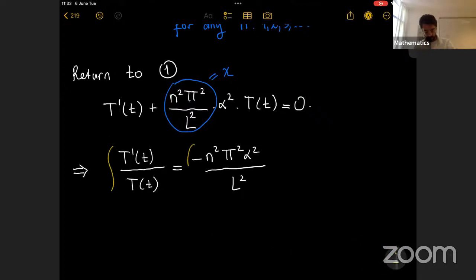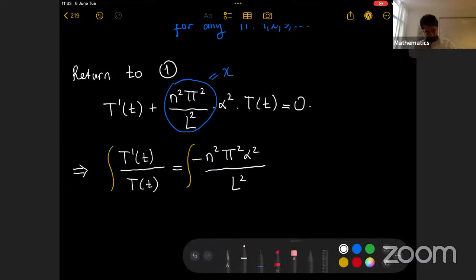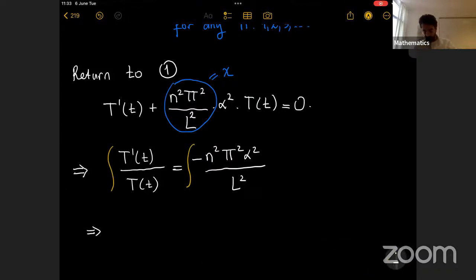So you will get basically from this ln T, natural log of T. On the right hand side, you will have minus n square pi square alpha square over L square, a constant, times t.